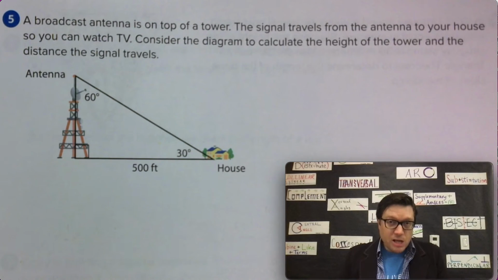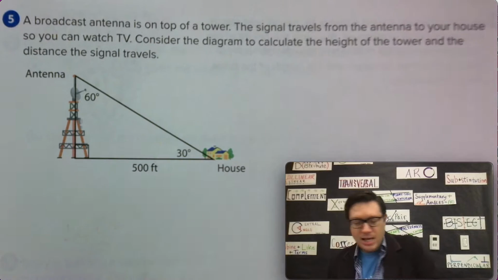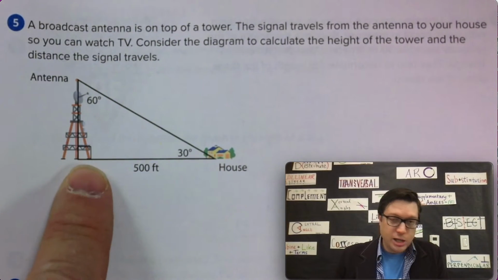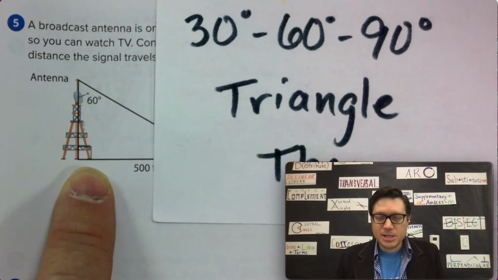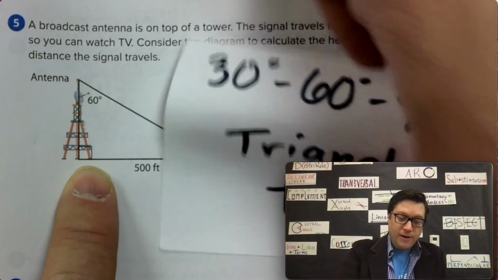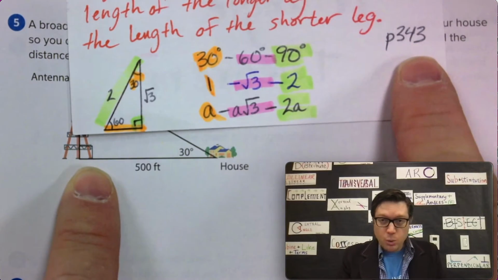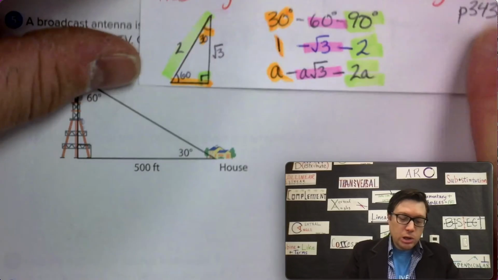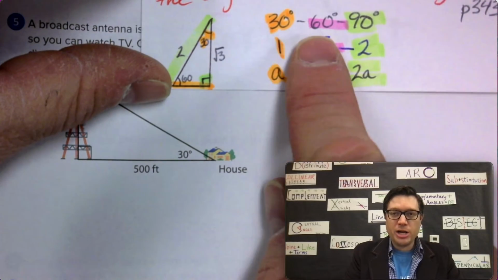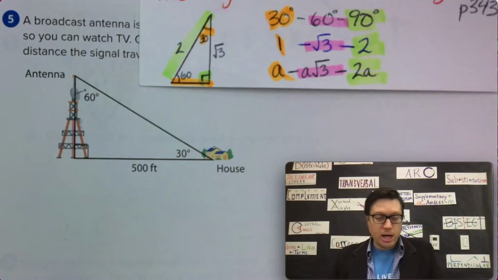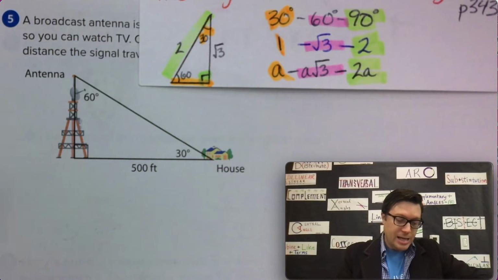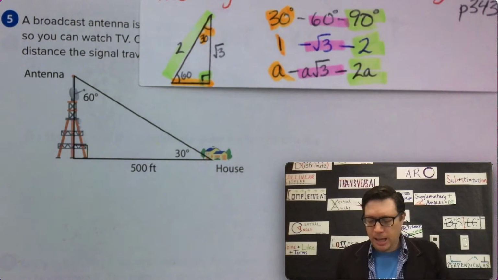Now, specifically, because this is a 30, 60, 90 triangle, find your 30, 60, 90 triangle card, or find the page when we did this example, and look for the relationship of 30 to 60 to 90. I've also got my highlight colors to add to the diagram on the paper.